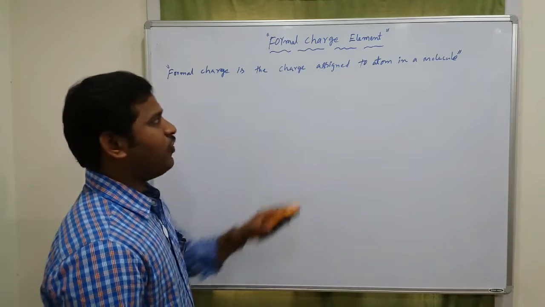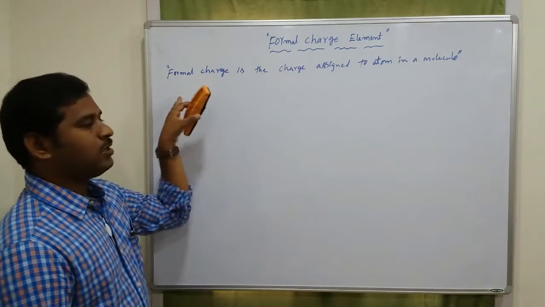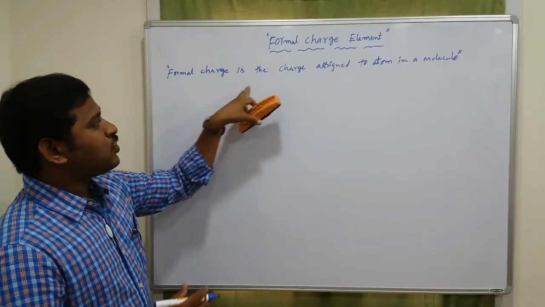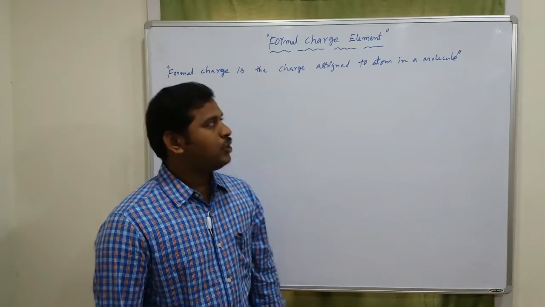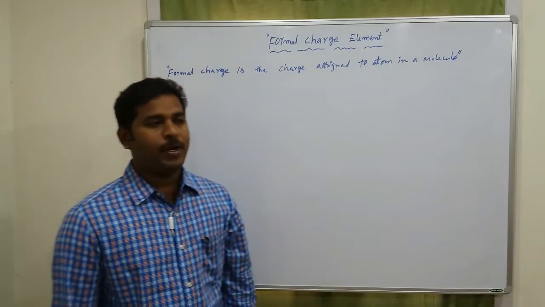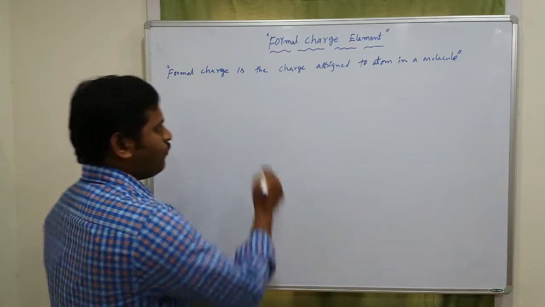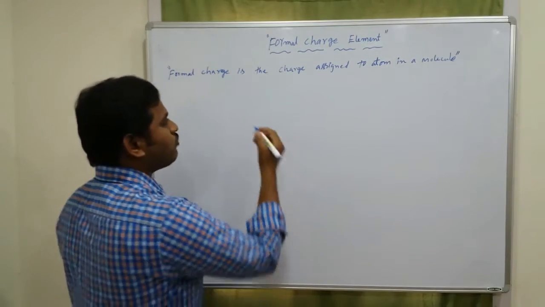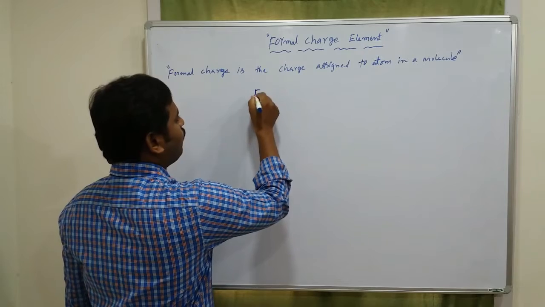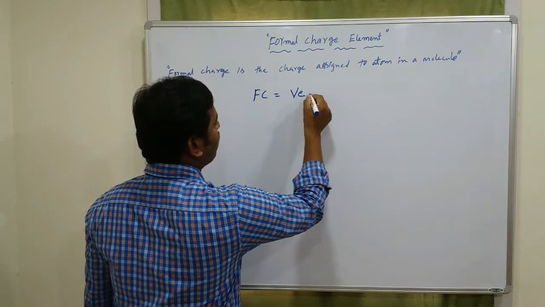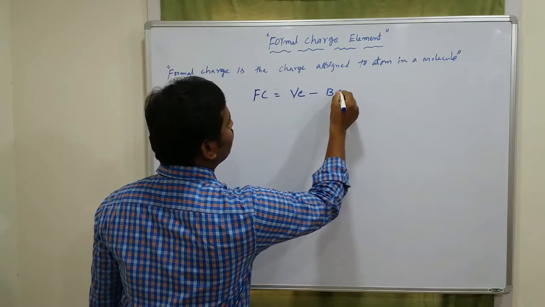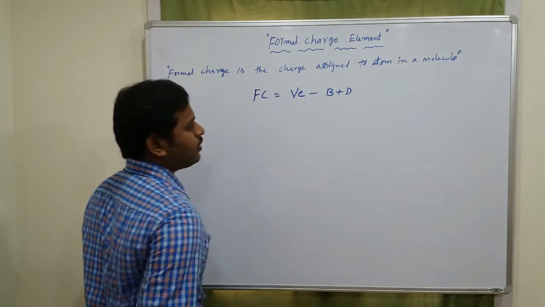So here the definition of formal charge is: the charge assigned to the atoms in a molecule is nothing but formal charge. For formal charge calculation, there is one formula: formal charge equals valence electrons minus bonds plus dots.